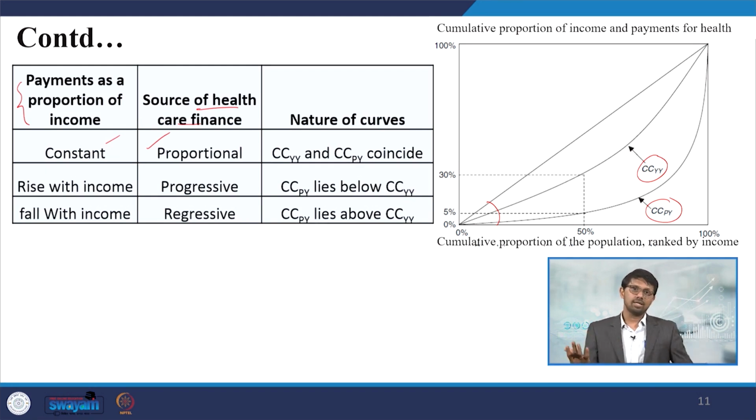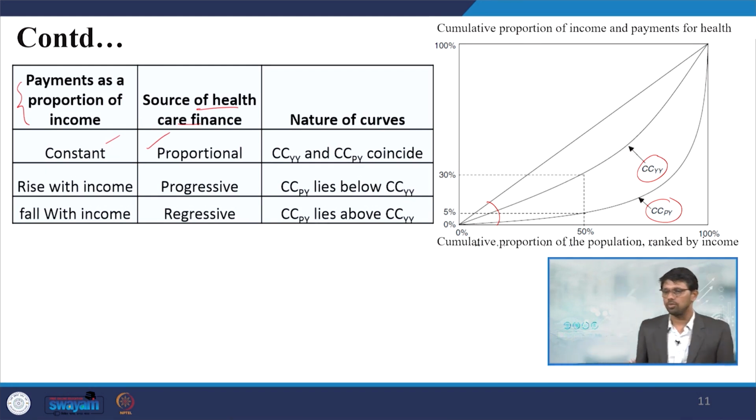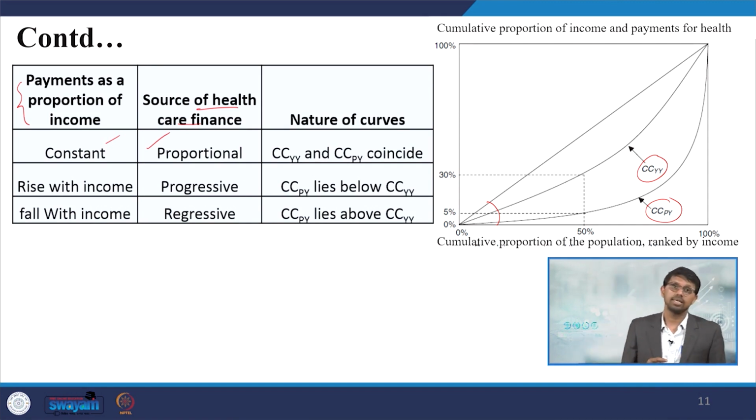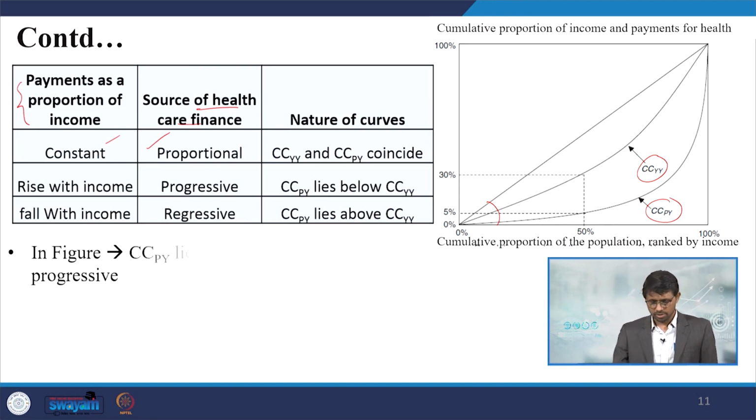With the rise in income, that is, the progressive changes in income, and the sources of healthcare finance also being progressive, CCPY, that is the healthcare spending, lies below the CCYY, and if it is the reverse, regressive, then CCPY lies above CCYY. CCPY will be higher than that of the CCYY.